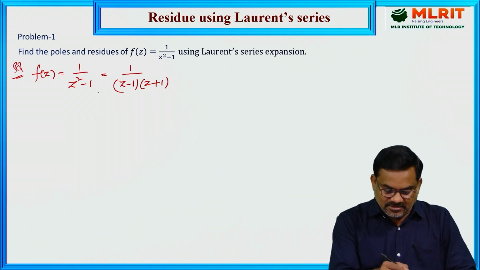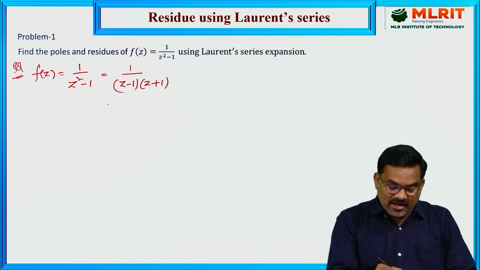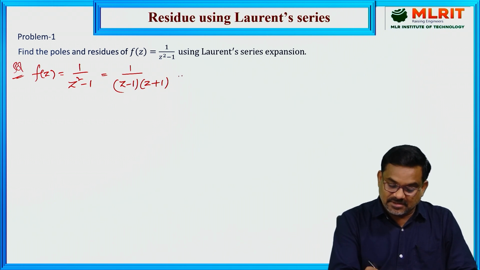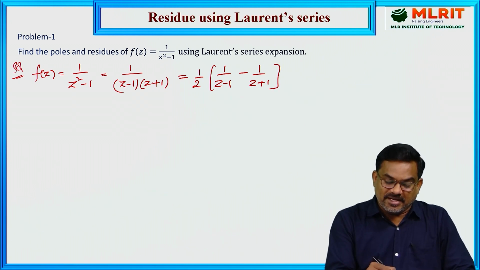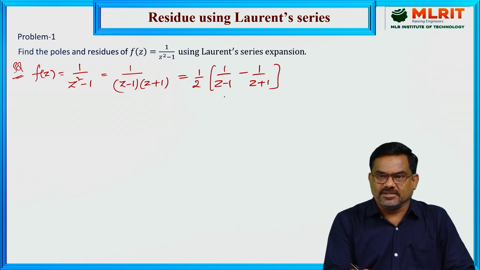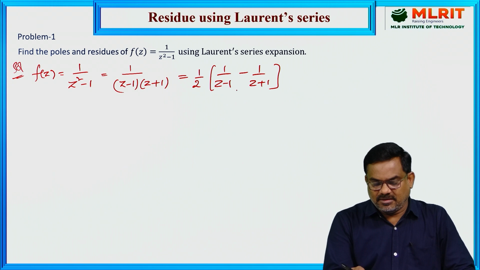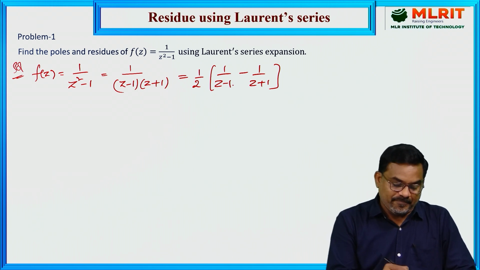So this is z square minus 1. By splitting into partial fractions, this is equal to half into 1 by z minus 1 minus 1 by z plus 1.